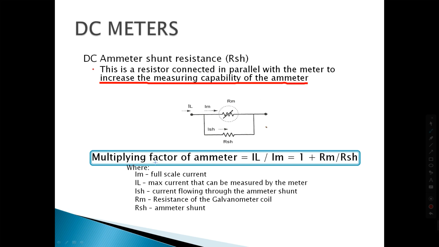Then we have the multiplying factor of the ammeter, which is equal to IL over IM. IL is the max current that can be measured by the meter, and IM is the full scale current. The full scale current is the current that flows on our meter, while IL or the max current is the current that flows into the ammeter.